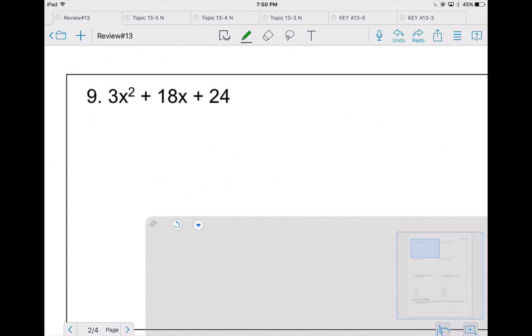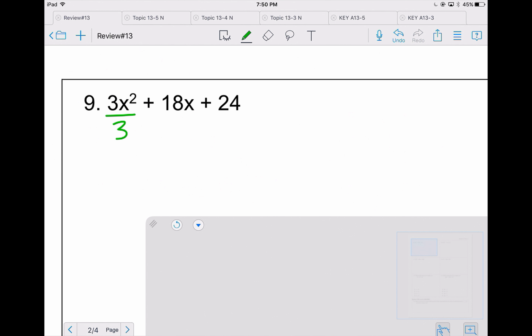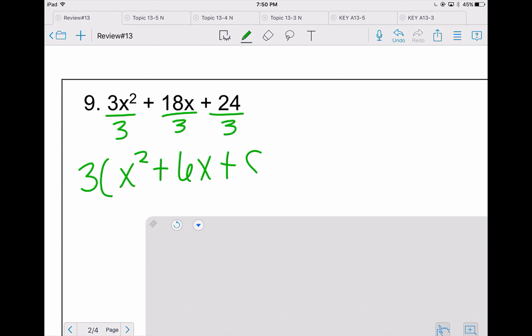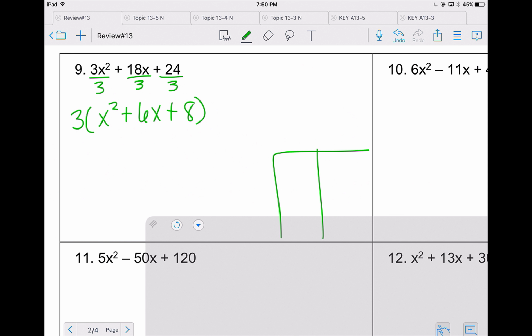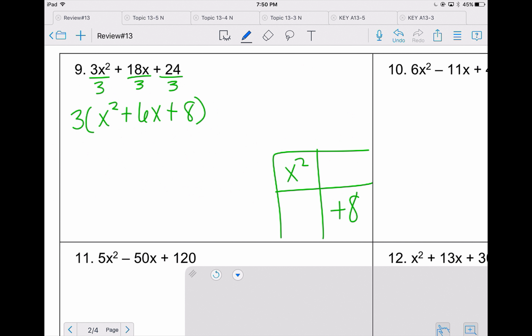So problem 9, I can see that I can take a 3 out of all of these terms. From here, I use what's in parentheses and go to the box, x squared plus 8. I'm looking for two terms that will multiply to 8 and add to 6.